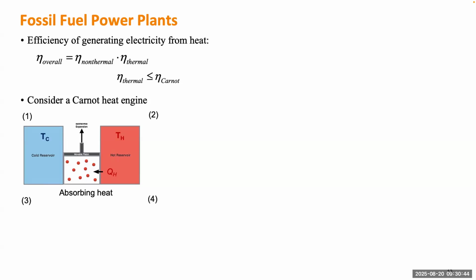So there will be four steps. The first step is I make the middle tank fully contact the hot reservoir. It makes the air or vapor, whatever, inside the tank have the same temperature as the hot reservoir.